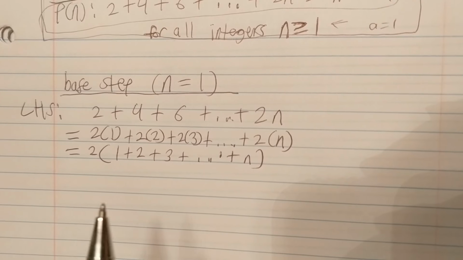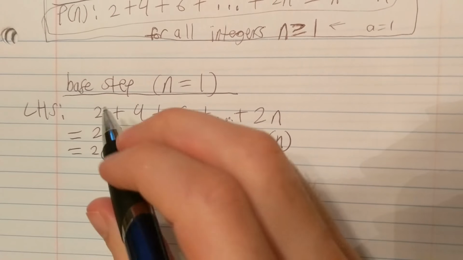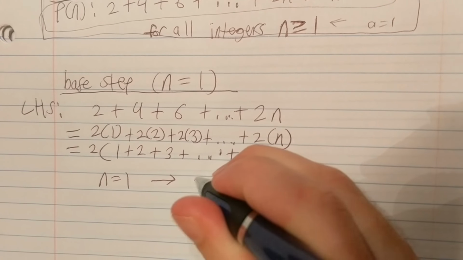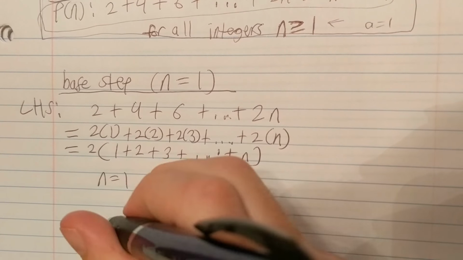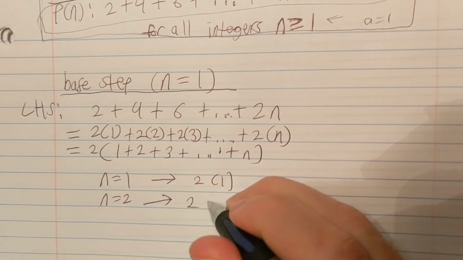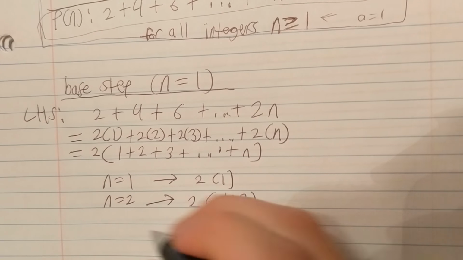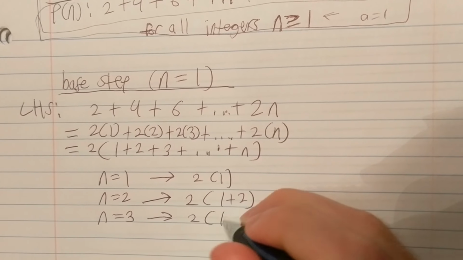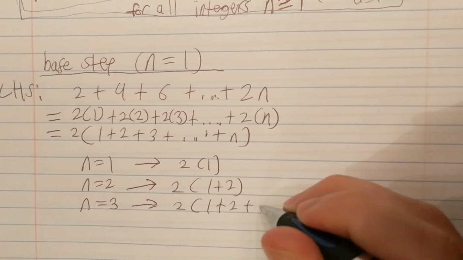So we want to prove it for the case of n equals 1, right? So when n is equal to 1, the left-hand side of that equation is just 2 times 1. But let's say n equals 2. Well, that means the left-hand side of the equation is 2 times (1 plus 2). Similarly, for n equals 3, it's 2 times (1 plus 2 plus 3).